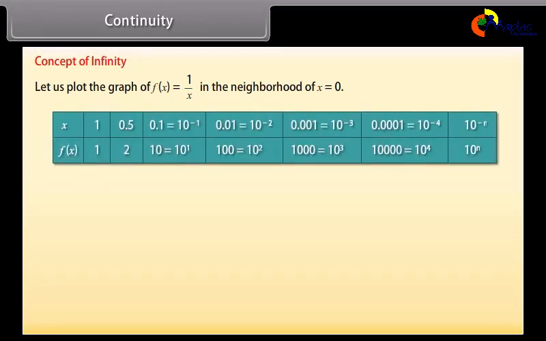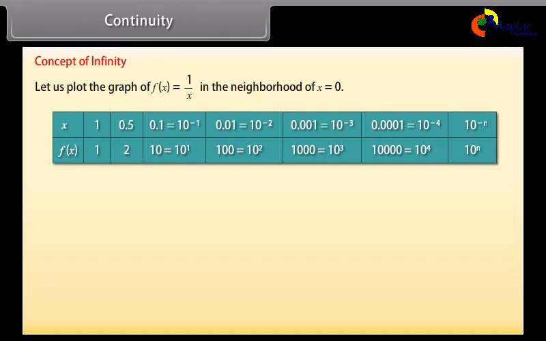Continuity. Concept of infinity. Let us plot the graph of f(x) = 1/x in the neighborhood of x = 0. For x = 1, f(x) = 1. For x = 0.5, f(x) = 2.